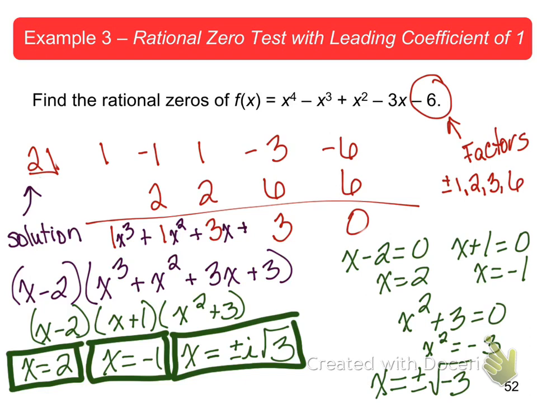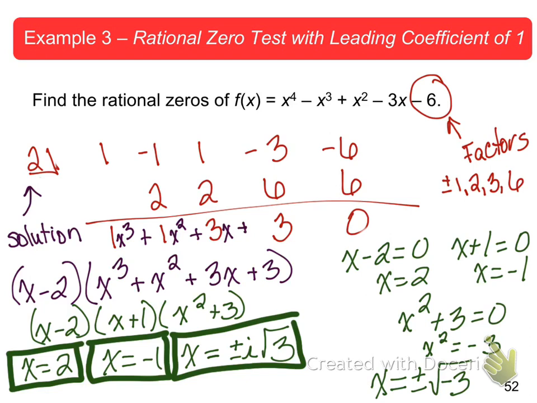Okay, so when I'm talking about behavior, I'm talking about multiplicities. The one that we just did, everything showed up one time. We had a multiplicity of 1. So if I have an odd multiplicity, my graph crosses the x-axis.